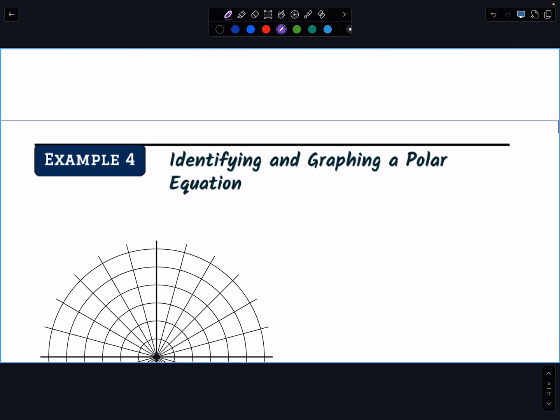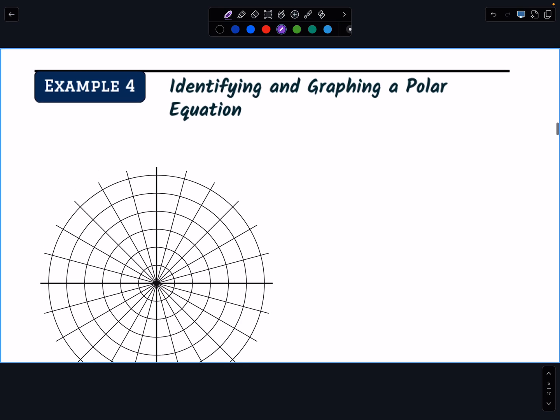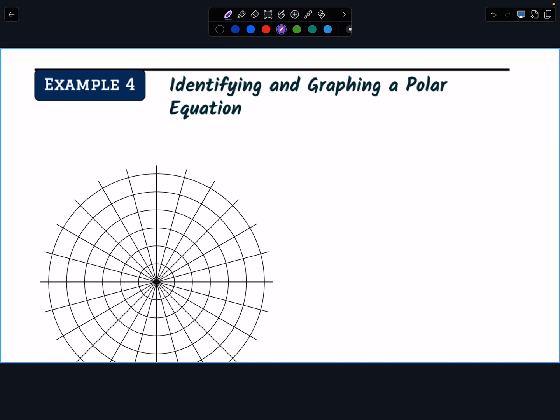All right, so next example, I want us to identify and graph r cosine theta equals -3.